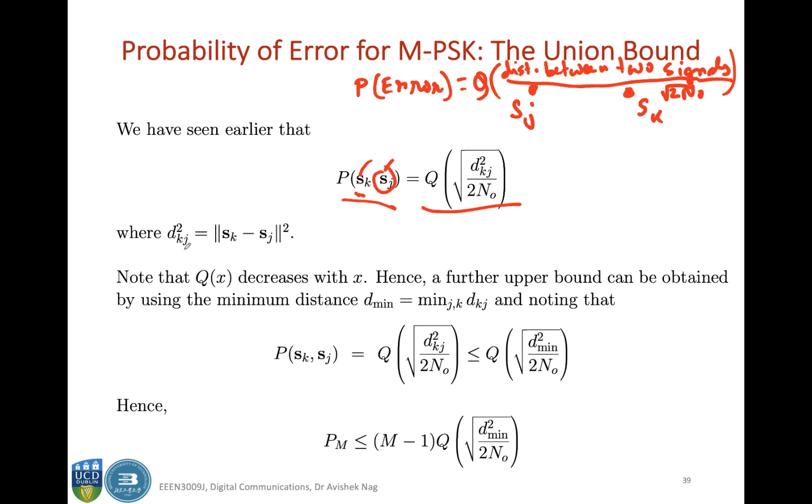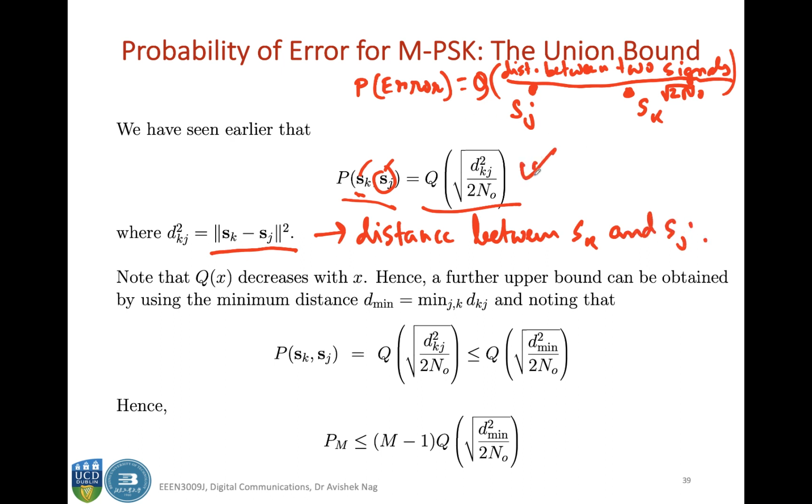So d squared kj is basically the distance between Sk and Sj.